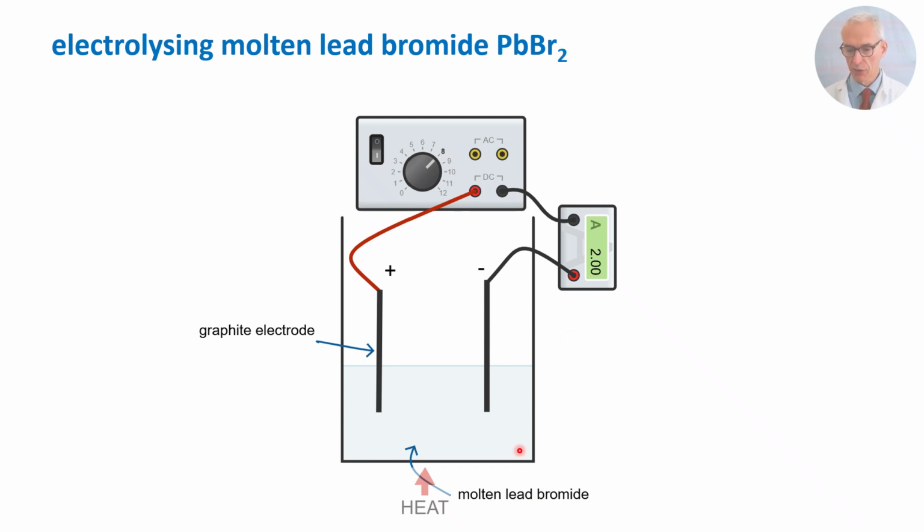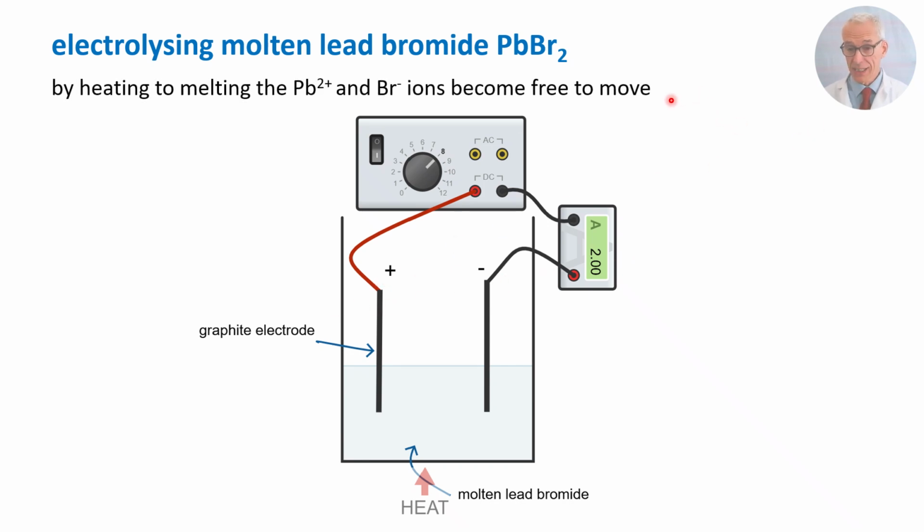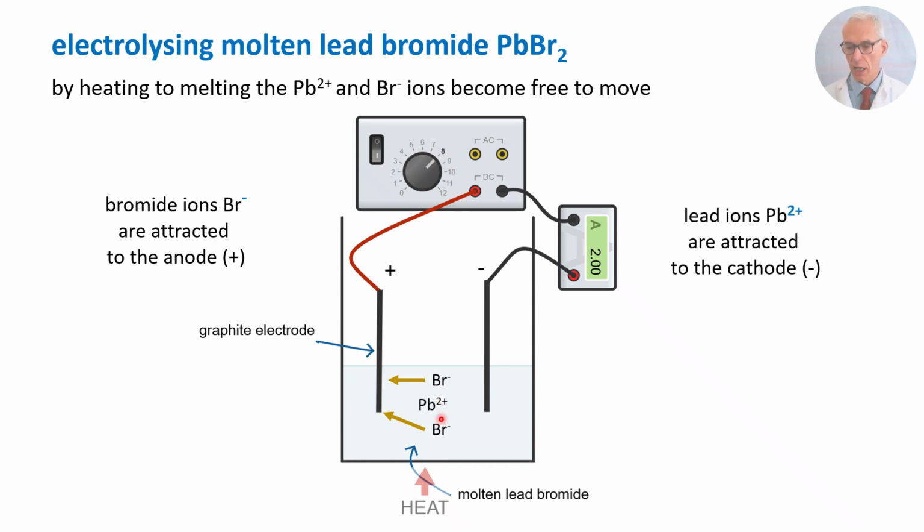So here we have molten lead bromide, heated to achieve the melt, graphite electrodes, external circuit, cathode and anode. By heating to melting, the lead and bromide ions become free to move. So if we consider the bromide ions, they are of course attracted to the anode. Opposite charges attract. The lead ions are attracted to the cathode. Opposite charges attract.